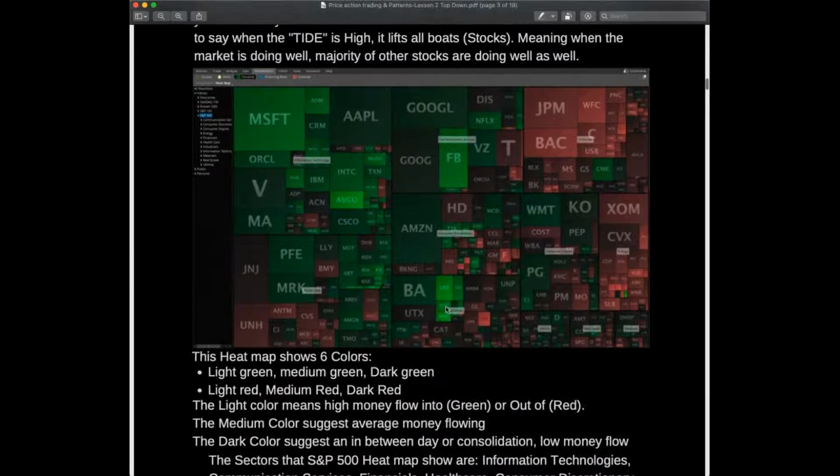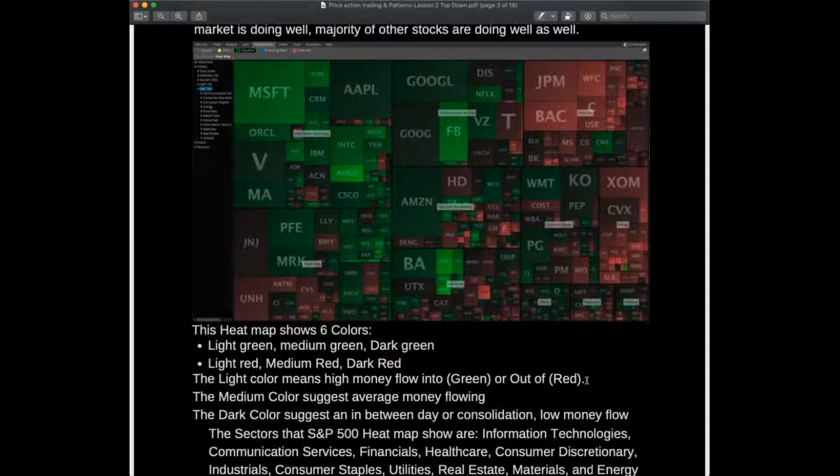Steven, I have a quick question. Is there a significance to the size of the square or rectangle? For instance, Microsoft is the largest square in that sector as opposed to Apple. Is it the size of the company? No, it's the size of its weighting. So it's weighted in the S&P 500 more than Apple.